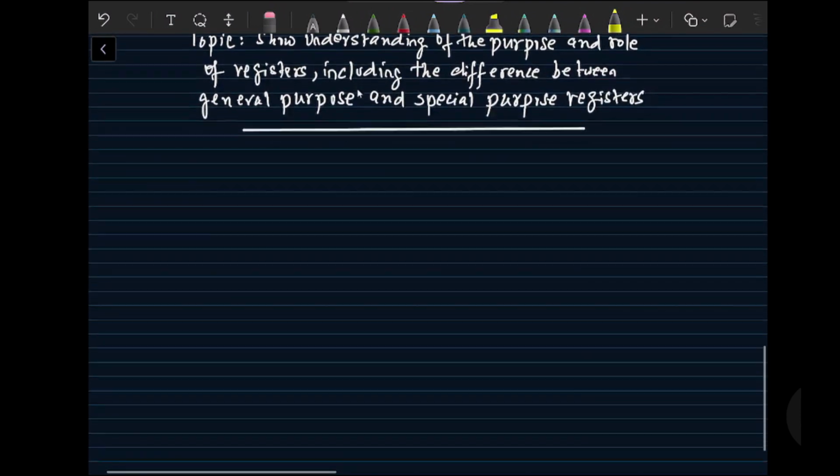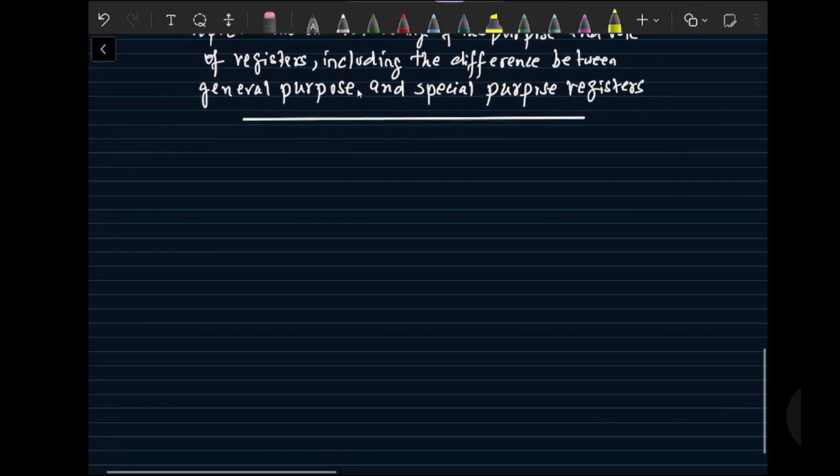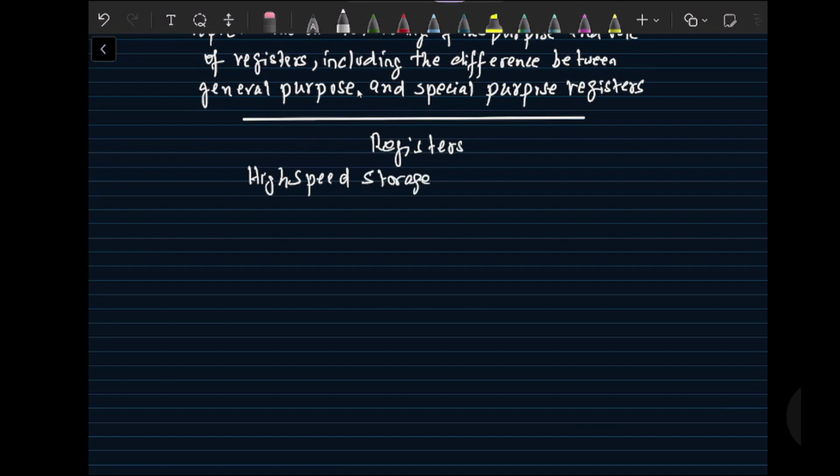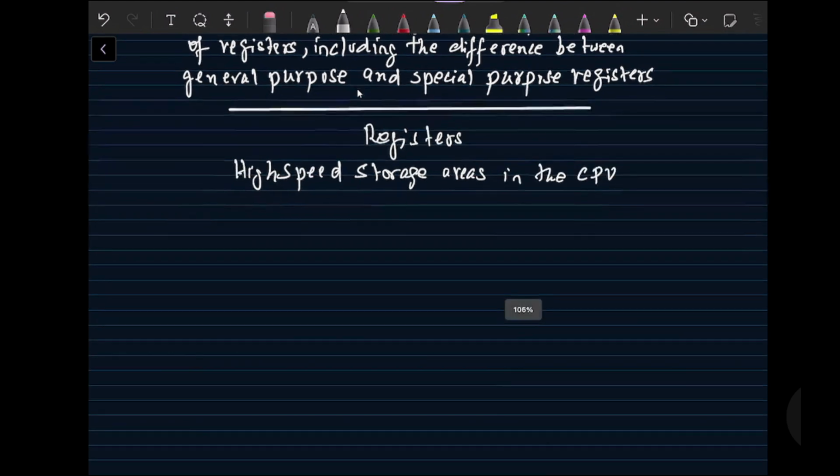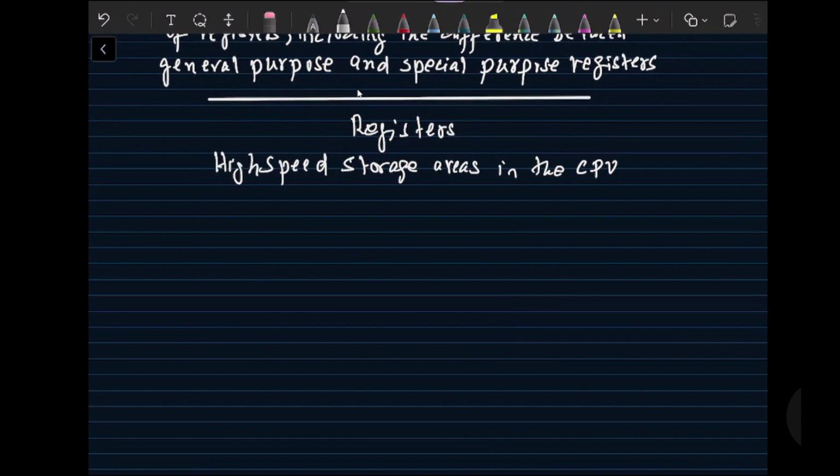So the registers, when we talk about the registers, these are actually the high speed storage areas in the CPU. This is the simplest thing that you need to understand, that the registers are the high speed storage areas in the CPU.